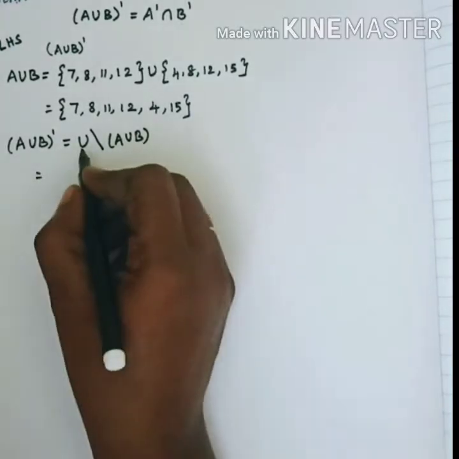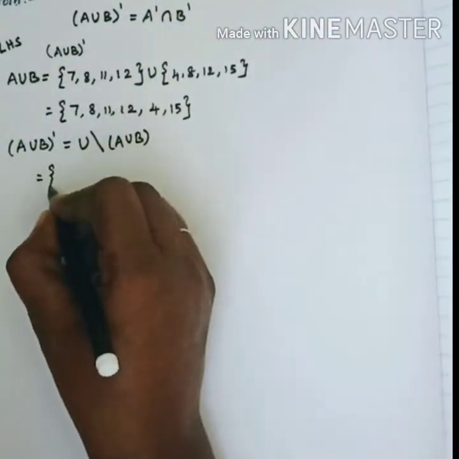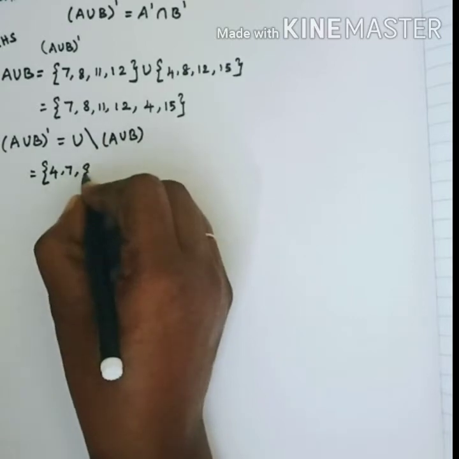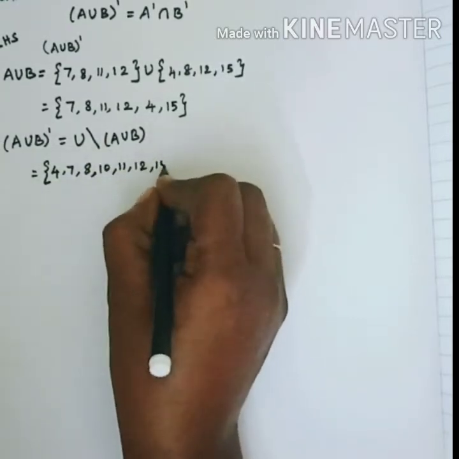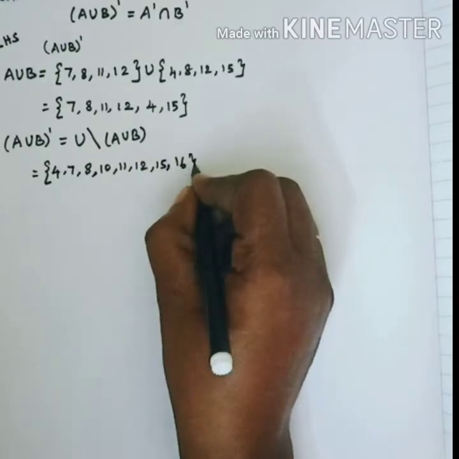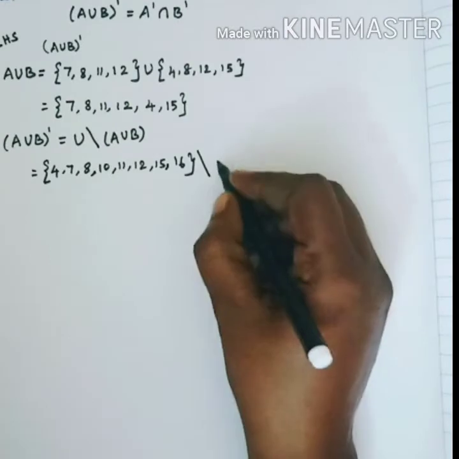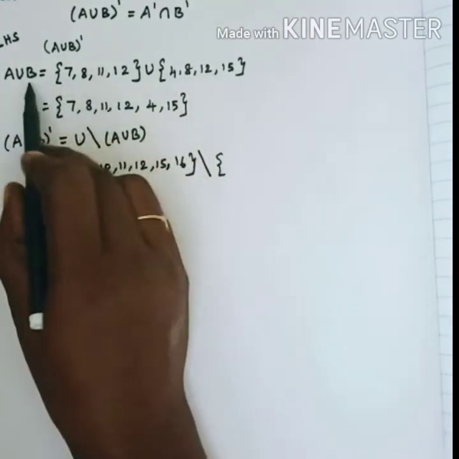Now, what is your universal set given in the sum? The elements of U are 4, 7, 8, 10, 11, 12, 15, 16. And then put the slash symbol here, and A union B we already found.